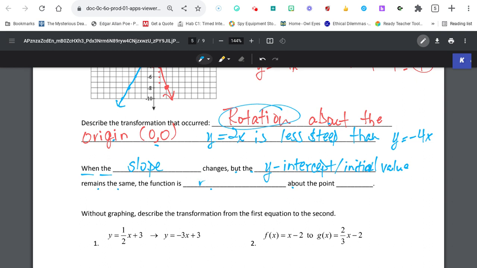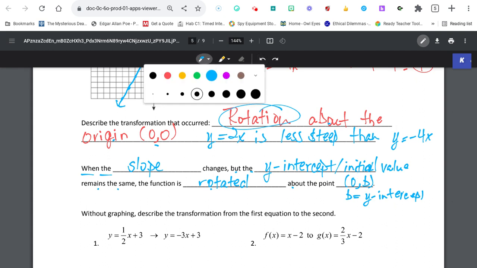The function is rotated about the point 0, b because b stands for our y-intercept. And your y-intercept is always found on the y-axis, which means x is always 0 when you have a y-intercept.